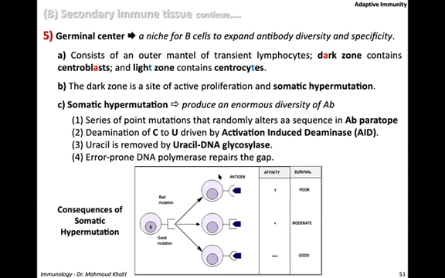In this type of cell, the mutation led to not a good affinity and poor survival, so this cell will die eventually. While in the last one, the mutation that occurred resulted in a very high affinity toward its specific antigen. In this case, the survival of this clone of the original B cell will be very good.